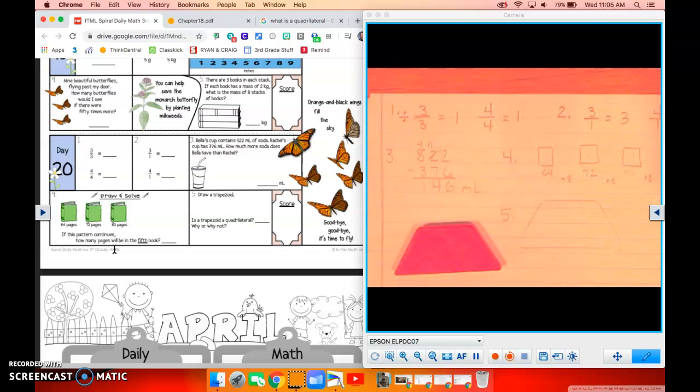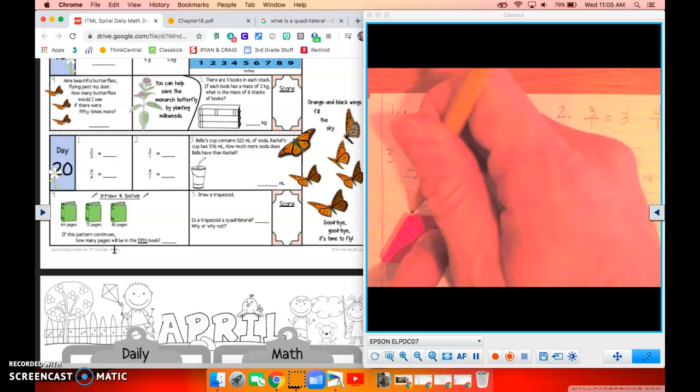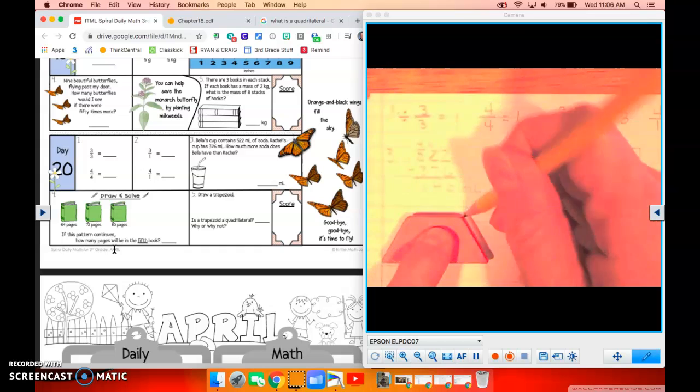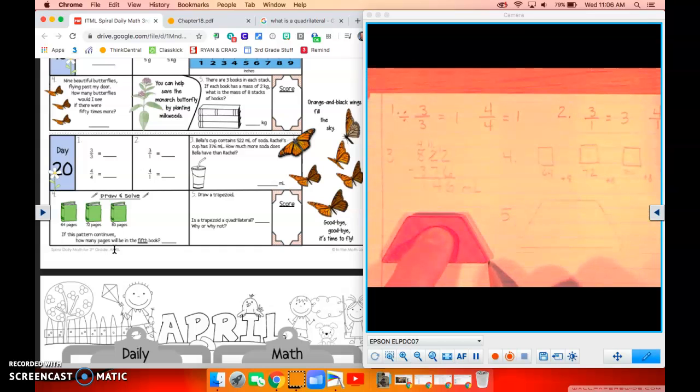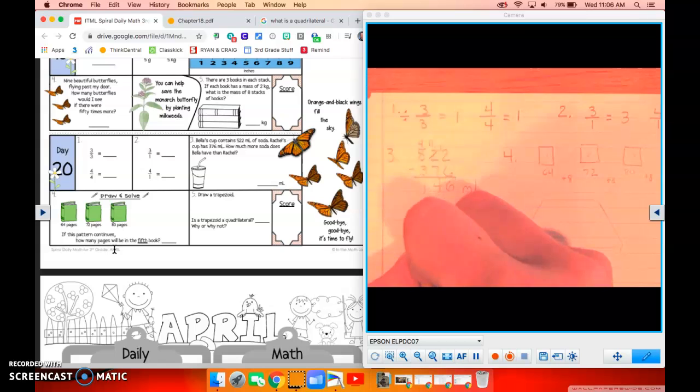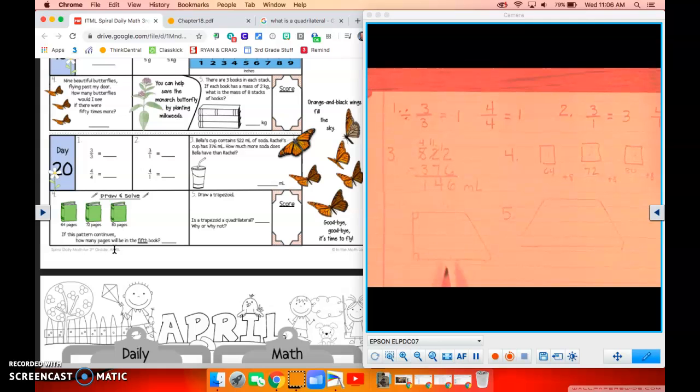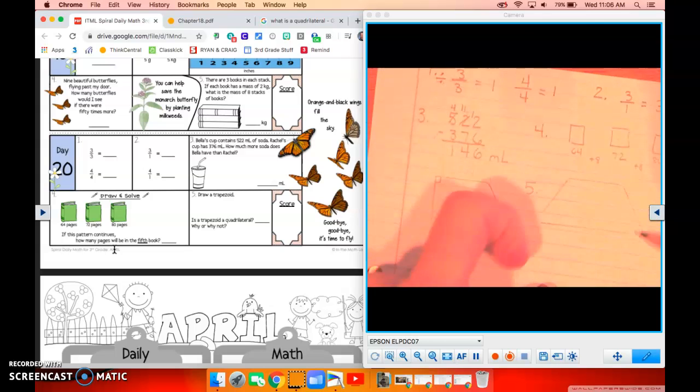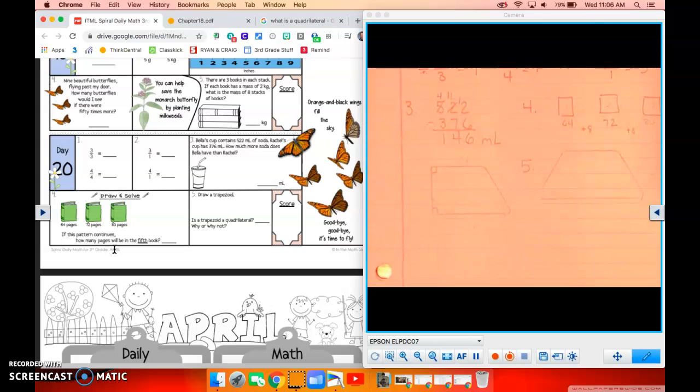But I'm going to do a different kind of trapezoid that we've been learning about in chapter 18. And this trapezoid goes like this. A trapezoid, if you remember, has one set of parallel sides. It can go like this, but it can also go like that.